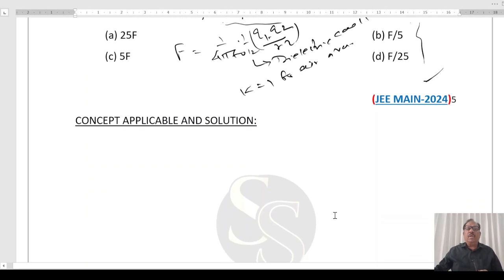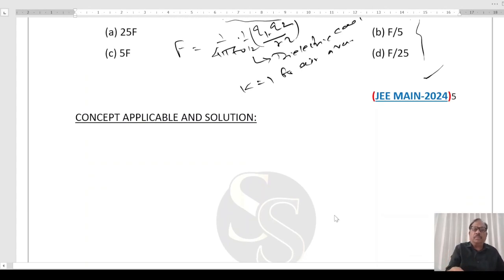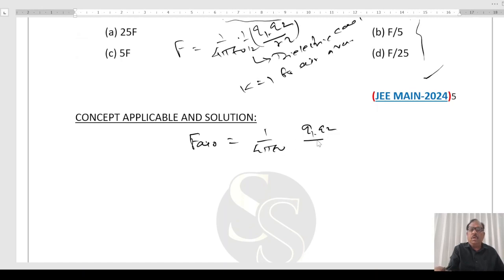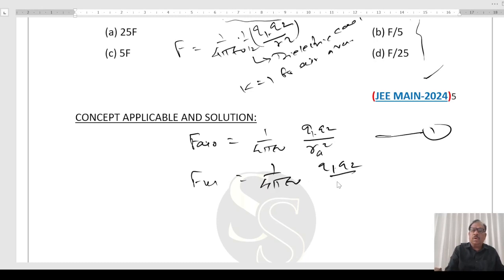Now, F air, according to Coulomb's law, equals 1 over 4 pi epsilon naught Q1 Q2 on R air whole square. This is equation 1. F medium equals 1 over 4 pi epsilon naught Q1 Q2 over K R medium whole square. This is equation 2.